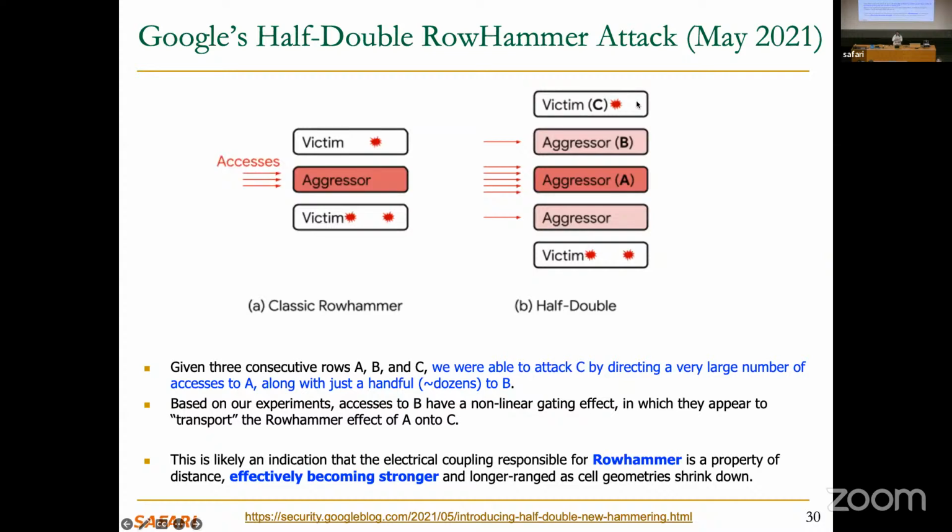The main reason why this is interesting, I believe, is that normally a solution like PARA or other solutions that people have employed would detect the aggressor row either probabilistically or in some other way. Now, once you detect the aggressor row, what do you do? You refresh its victim rows. And which row is that? That's aggressor row B. Now the solution itself becomes part of the attack, right? So I think that's the really interesting observation in this Google paper.